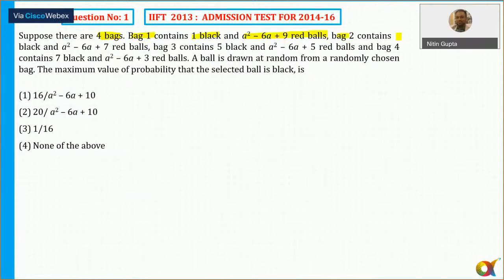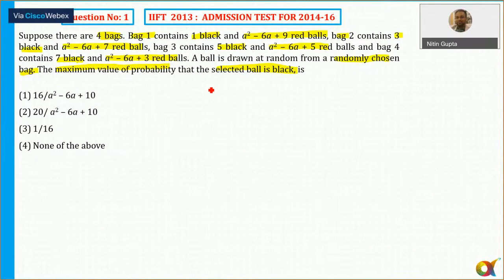A bag is picked at random. So there are four bags, and what is the probability of picking any one bag at random? That is 1/4, क्योंकि चार में से किसी भी एक बैग को पिक करने की प्रोबेबिलिटी 1/4 है. Then what is the probability that the selected ball is of black color here? So let's do it one by one.